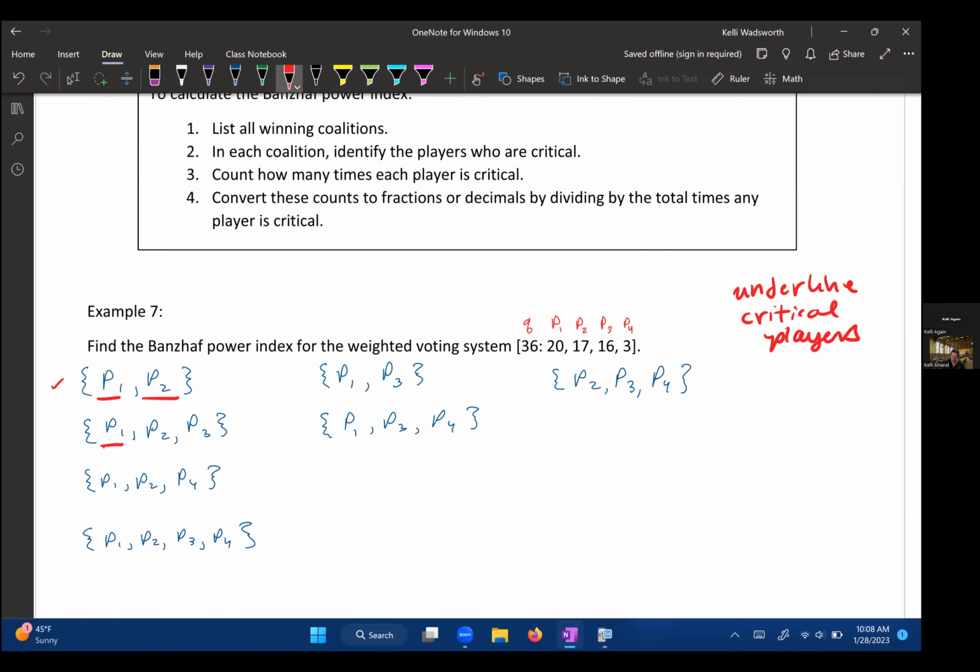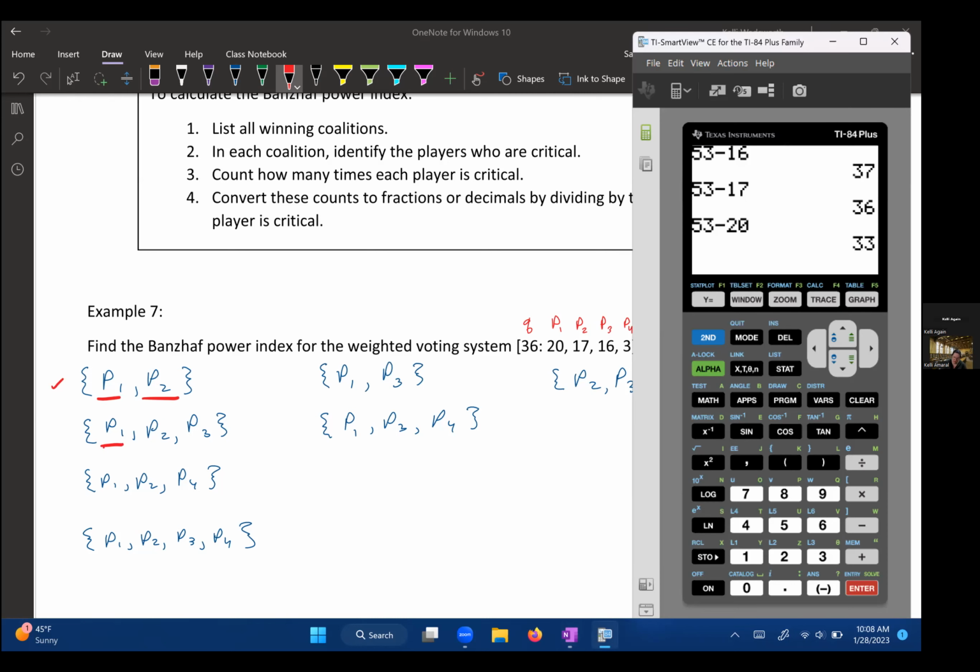Does that make sense? We just checked each player. We removed their votes. If their votes don't bring the coalition below quota, then they are not critical. If it does bring them below quota, then they are critical. And player 1 was the only one. Player 3 and player 1 together can make up quota, and player 2 and player 1 together can make up quota.